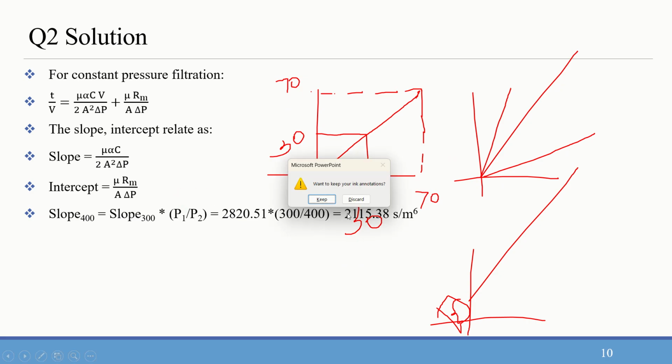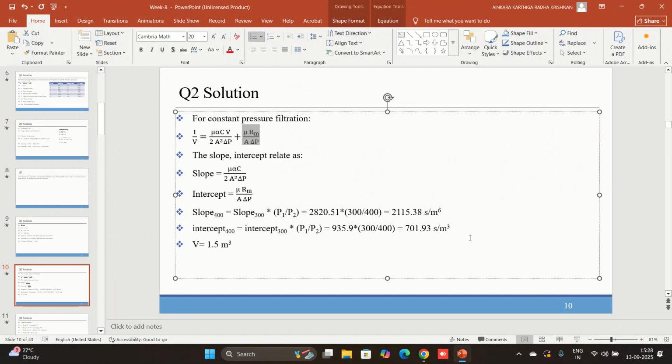Here 1 refers to 300 kilopascal, 2 is 400 kilopascal. So this is subscript.